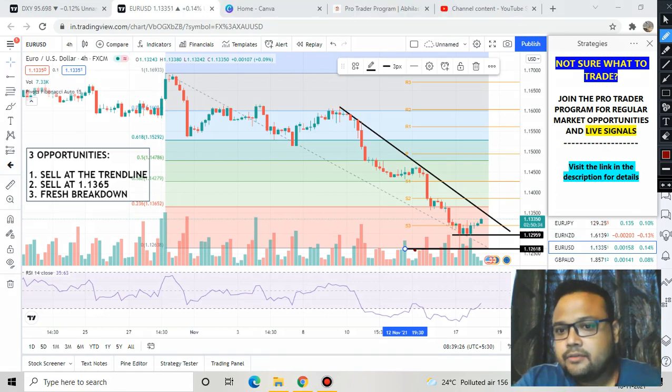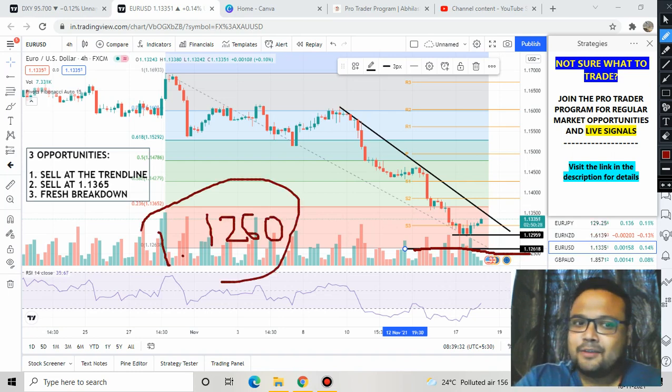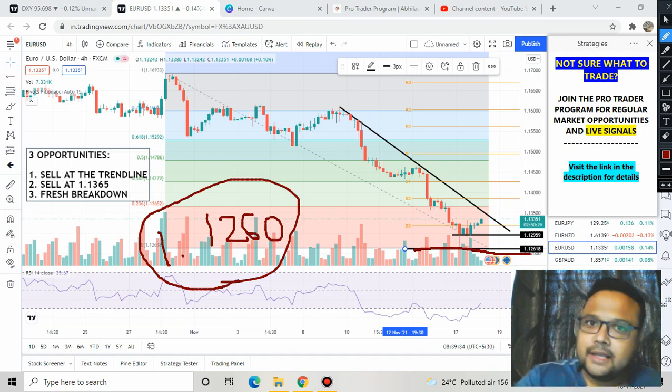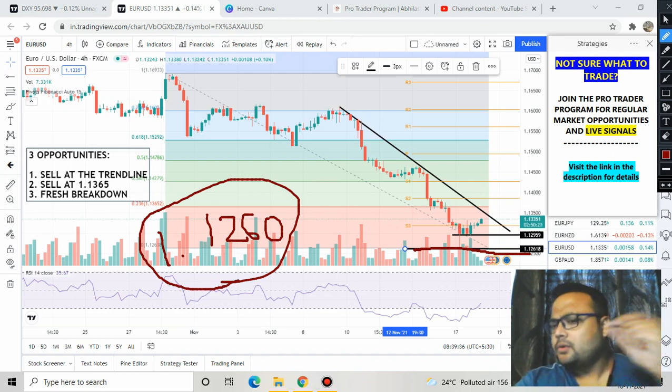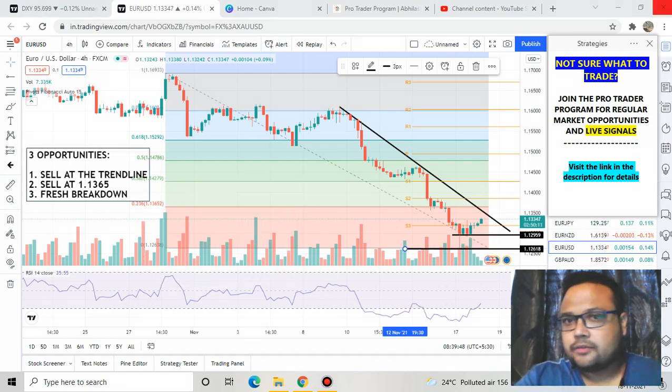So if Euro USD breaks the 1.1260 level, there will be fresh selling in the market and you can take a sell position. But if you want to go for scalping, if you're taking a sell position here, you need to exit here, because there is a possibility of the market reversing also. So these are the three trading opportunities that I see on the chart of Euro USD.